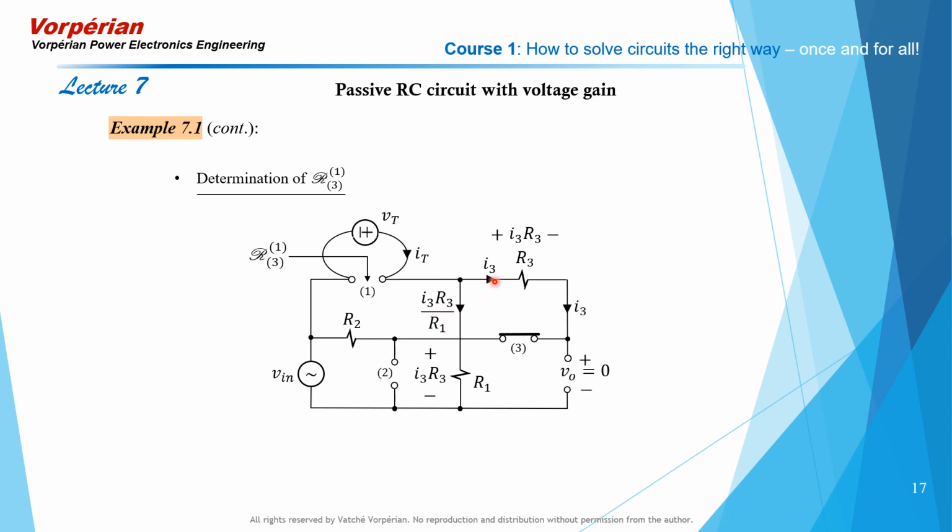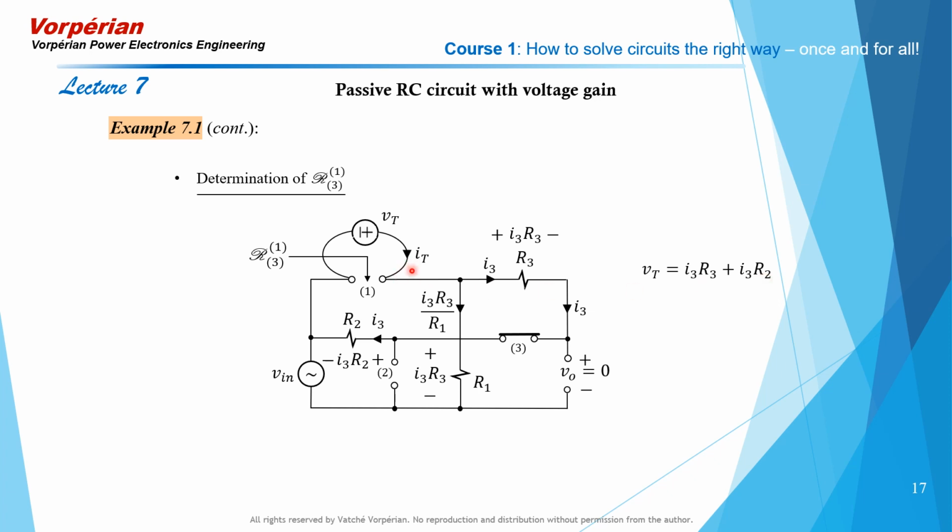If we look at this current I3 and follow it through, we see that it goes through R2 and creates a voltage drop across it, I3 R2. If we look at this loop now, we recognize that Vt, the test voltage source, is given by the sum of the voltages across R3 and R2, which is I3 R3 plus I3 R2.